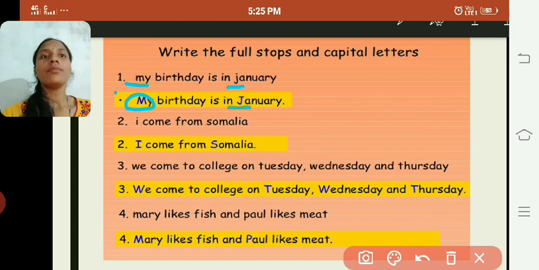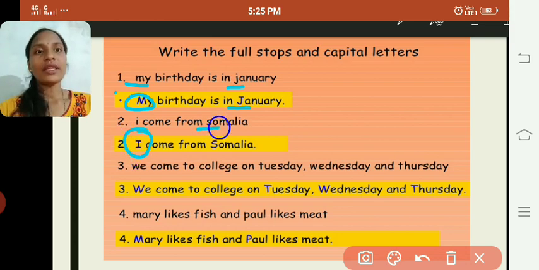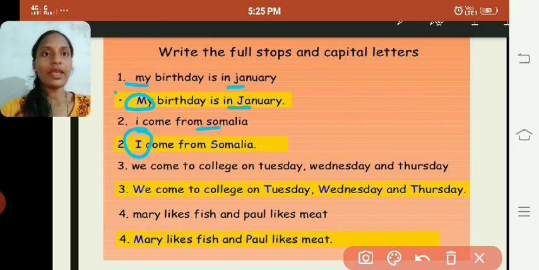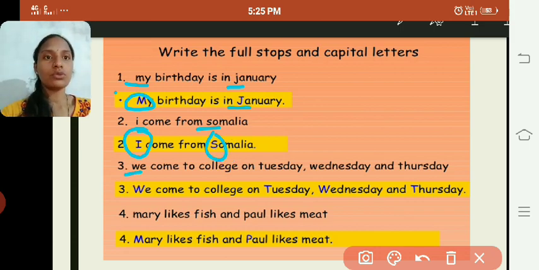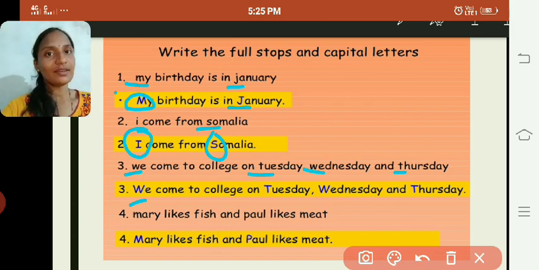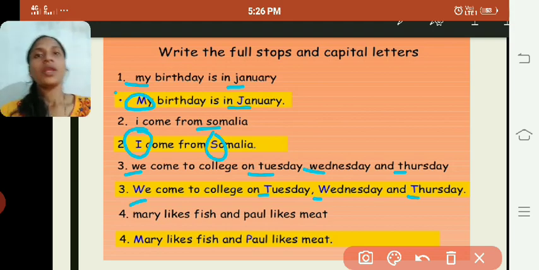Second, I come from Somalia. Here I should always be capital, and Somalia is the name of a country, and that's why S should be capital. Third, we come to college on Tuesday, Wednesday and Thursday. W we have to write capital as the start of the sentence, and Tuesday, Wednesday and Thursday are the names of days, and that's why the first letters are capital.